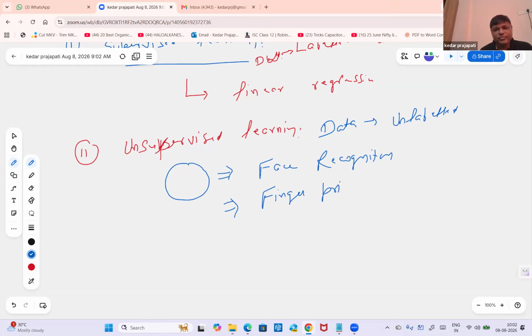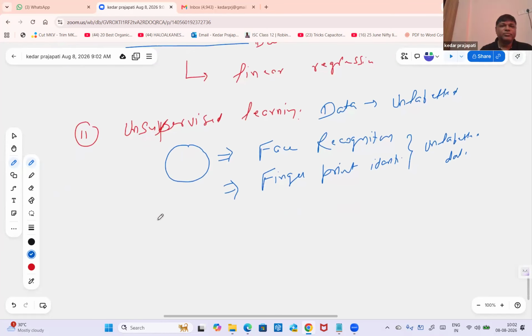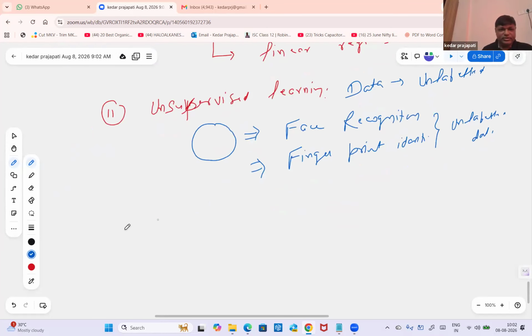All these heavy lifting tasks work with unlabeled data. Different models are there for these, and we'll see them. Today we are just seeing supervised learning, unsupervised learning, and the third thing.